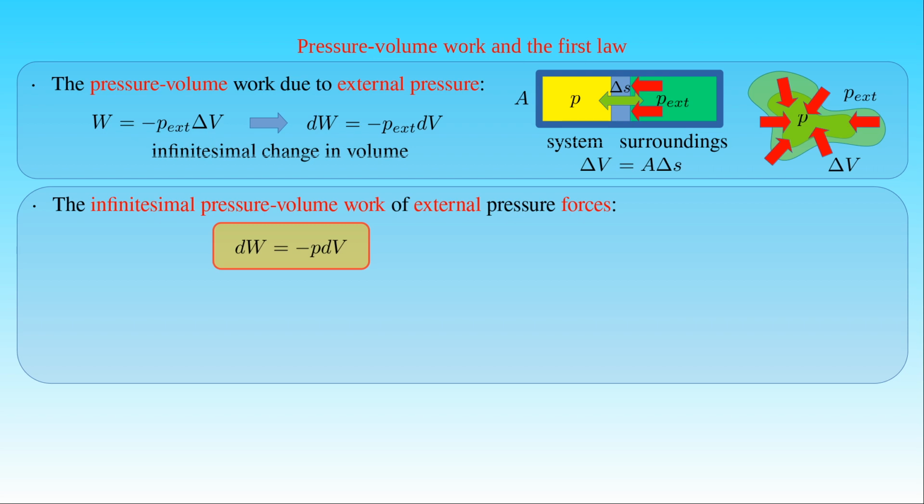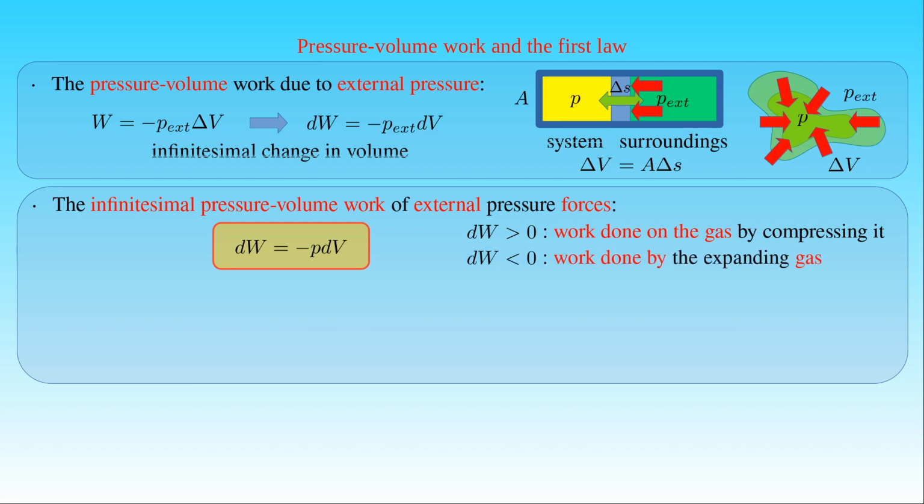As a result, the infinitesimal pressure volume work dW done on the gas by the external pressure forces is positive, since the surroundings transfers energy to the system in the form of pressure volume work. If a gas with the pressure P expands, its volume increases and the infinitesimal change dV in the volume is positive. Then the infinitesimal pressure volume work dW done on the surroundings by the expanding gas is negative, since the gas in the system transfers energy to the surroundings in the form of pressure volume work.